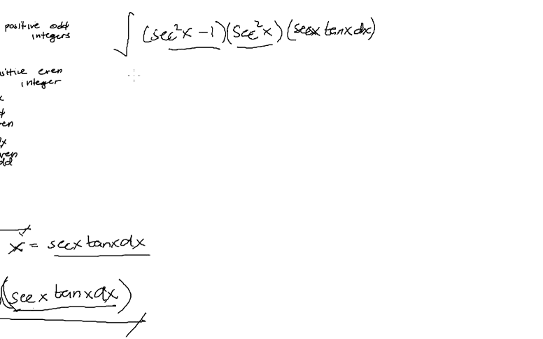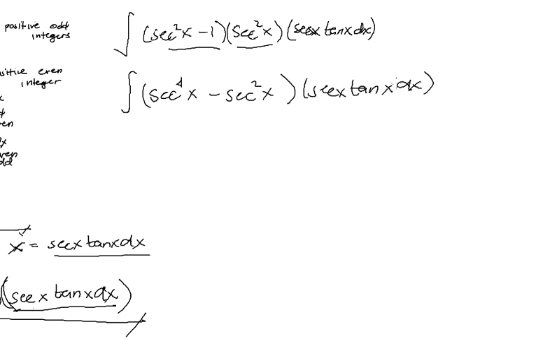When we do that, this integrand will become secant square x times secant square x, so we have secant 4x minus secant square x, and then we have the secant x tangent x dx.